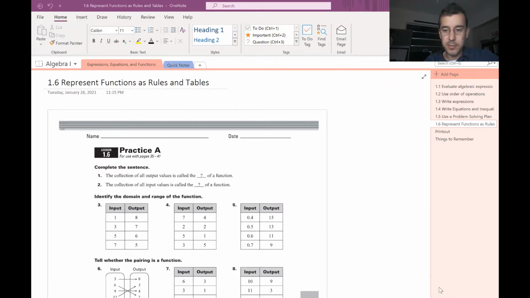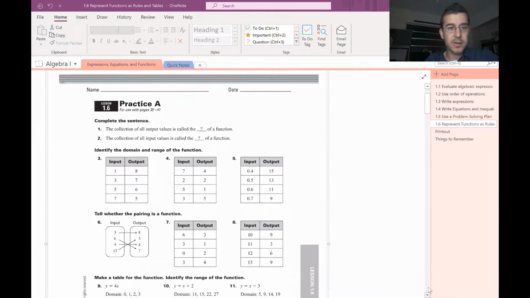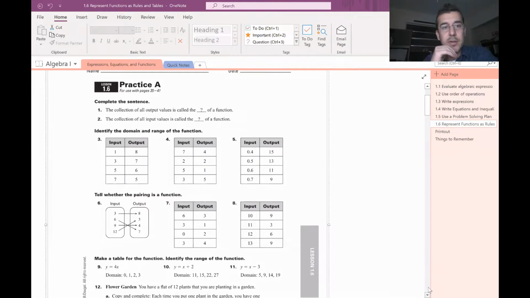First, let's cover some of the main concepts of section 1.6, and that's domain, range, and function. A domain is a collection of inputs. As you can see here on my screen, the inputs 1, 2, 3, 5, 7 on the left, a collection of inputs, that's called domain.